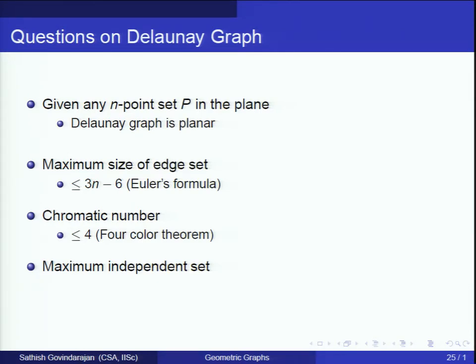Whereas I am saying here that if you have a planar graph on n vertices, you can always color it with 4 colors. And that's a very, very important and difficult result, which was proved almost in the 1980s and 90s. People have been trying to prove it for 300 years or so, and only about 30 years or so ago this proof was done, and that too it's a very complicated proof.